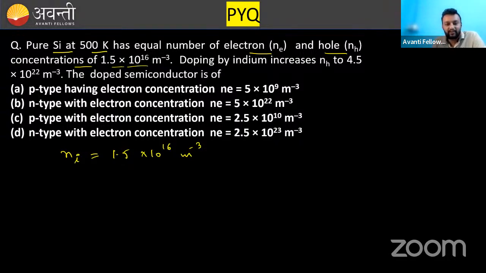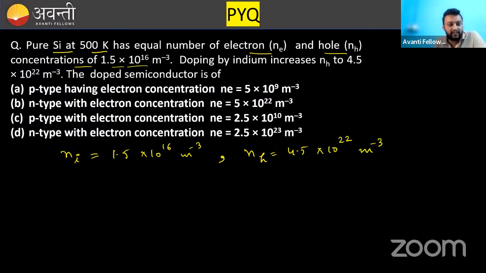Ne into NH equals Ni square. Very good. So now doping by indium. After doping by indium, the number of holes becomes 4.5 into 10 raised to the power 22 per meter cube.